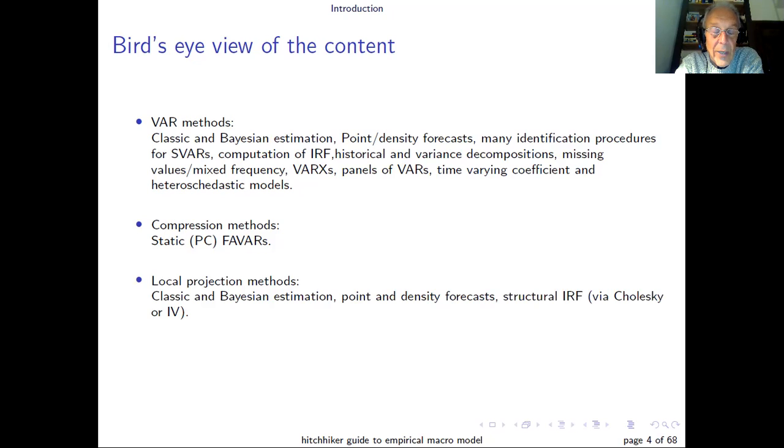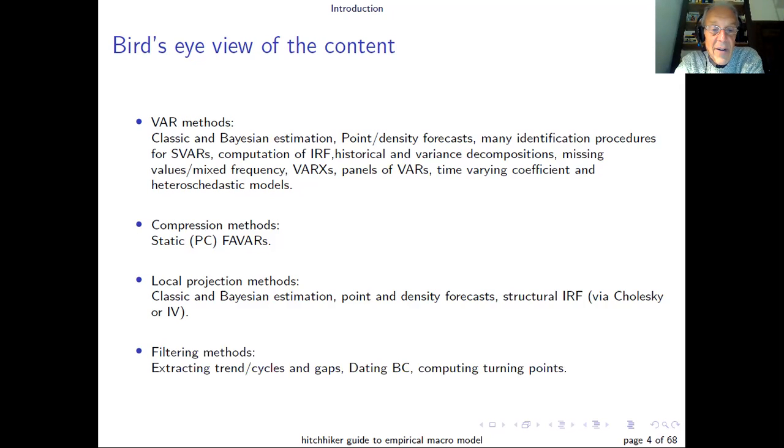You can do in this framework also density and point forecast, and it's going to be able to do structural identification either via Cholesky or instrumental variable. And finally, there are going to be filtering methods, which, as I already mentioned, allow you to compute trend and cycles, date business cycles, and compute turning points.